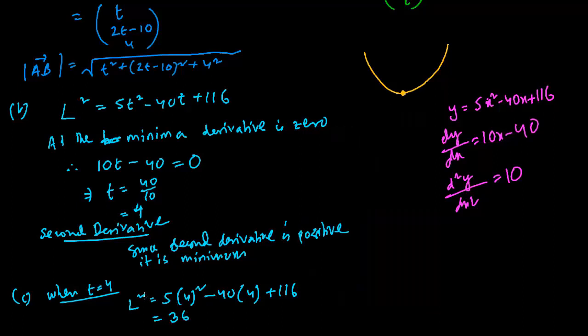So this is the minimum value of L squared, but the question was to find the minimum length. Hence, the minimum value is the square root of 36, which is 6.